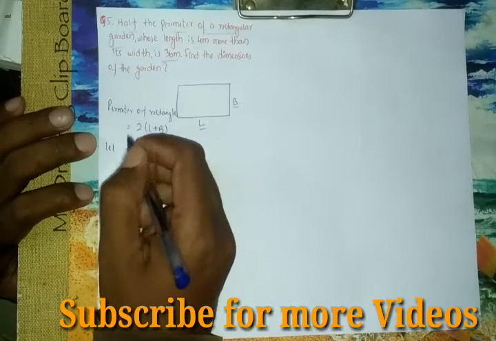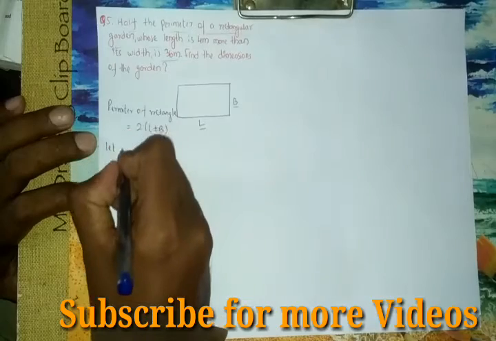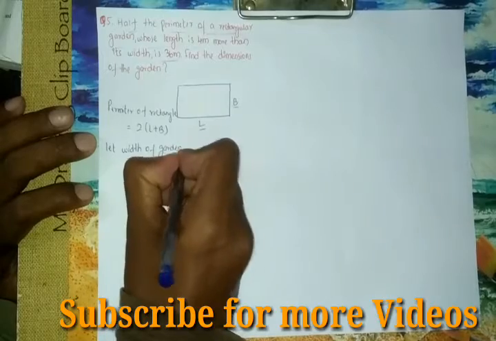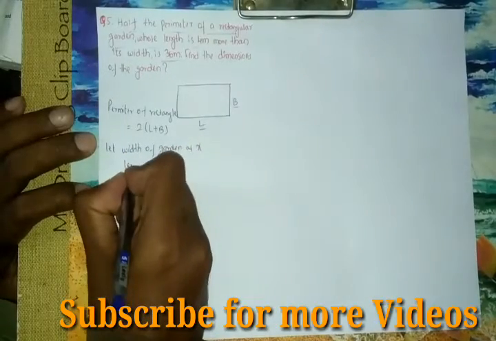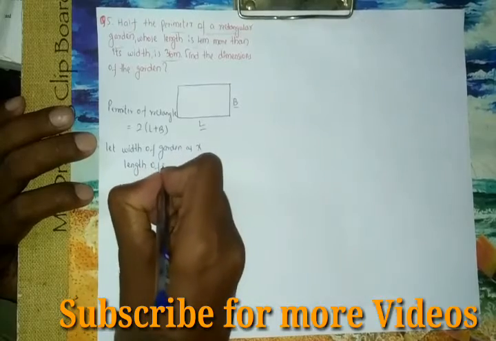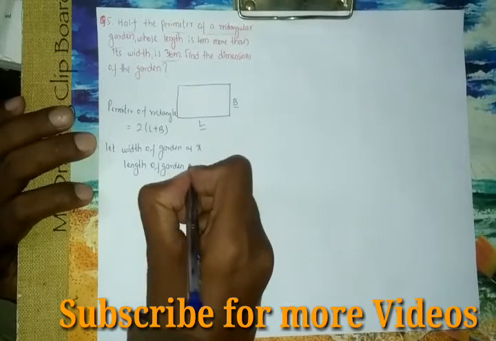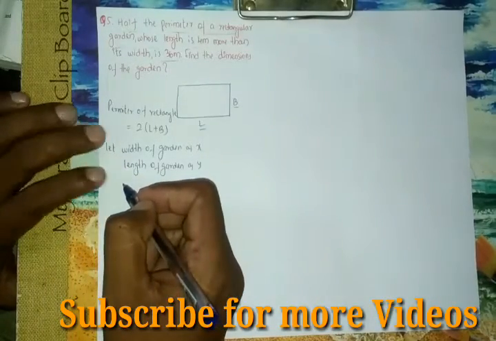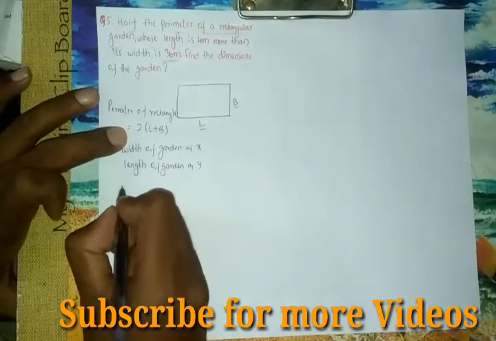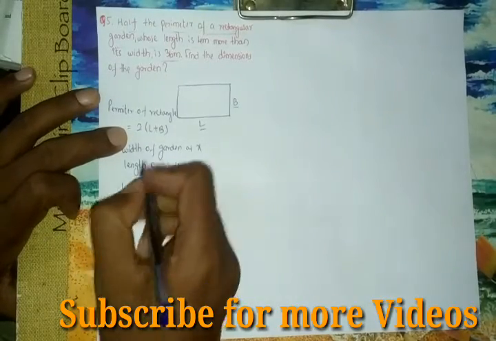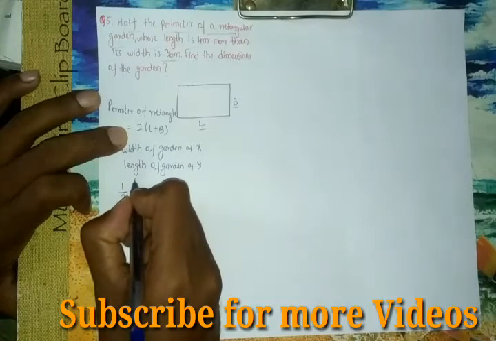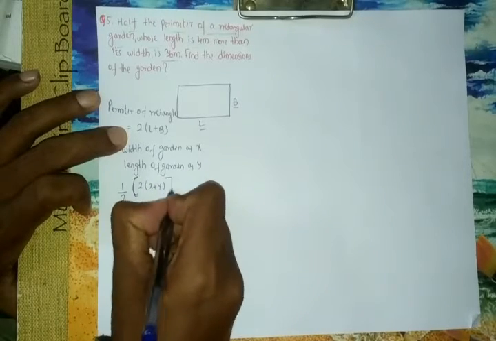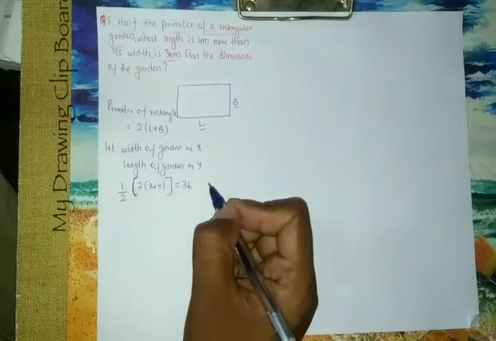Let me assume the width of garden as x and length of garden as y. So half of the perimeter of rectangle, that is half into the bracket 2 of x plus y, is equal to 36, which is given.